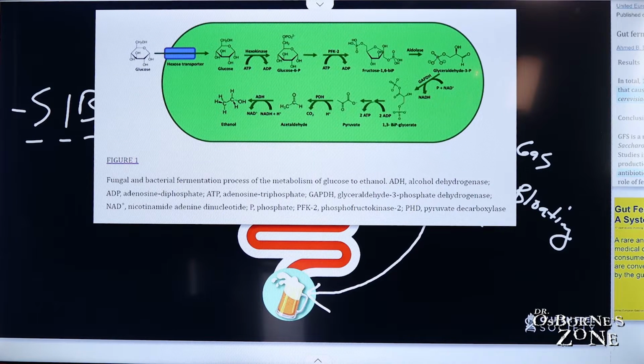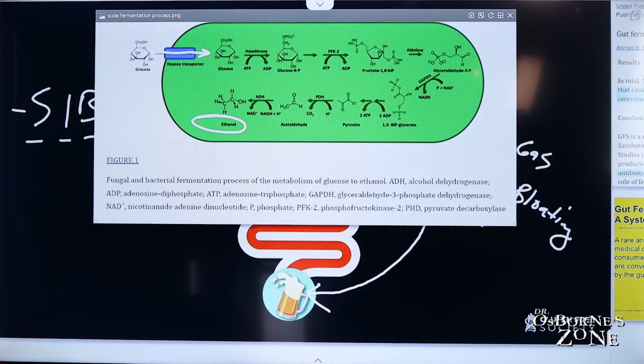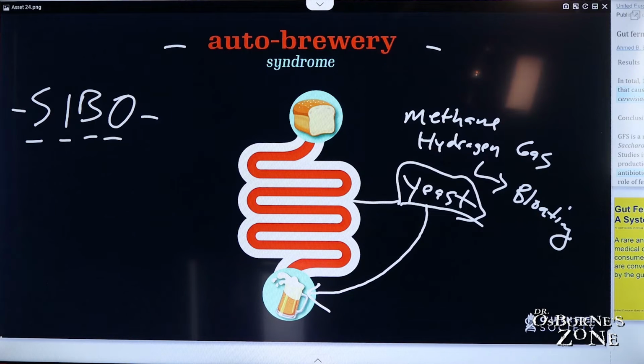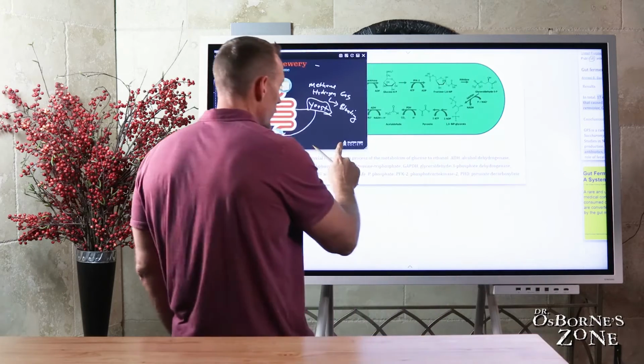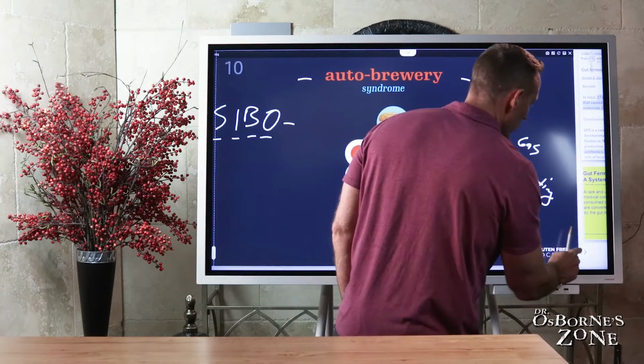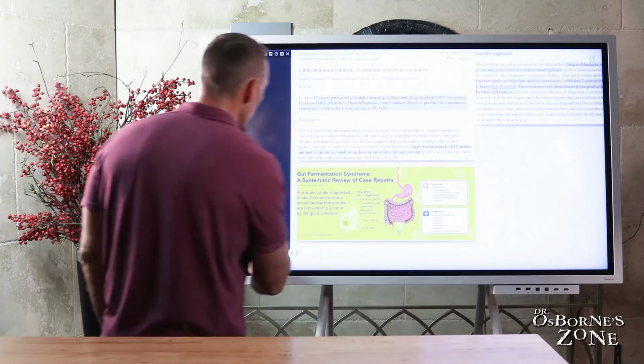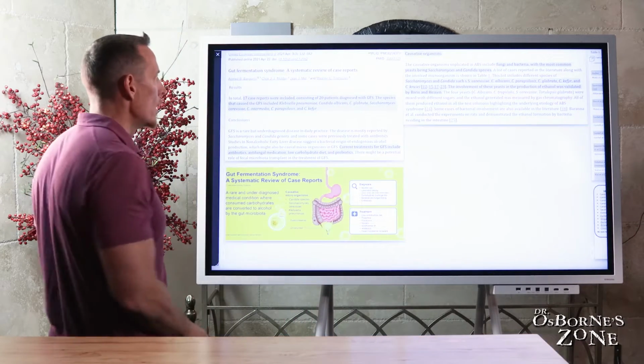So you get glucose coming in here, and it goes through a number of chemical reactions, but ultimately the final common pathway there is ethanol, which is alcohol. And so that alcohol then can create a host of different types of problems, just like regular alcohol if you're drinking it. So let's dive into this concept a little bit more.